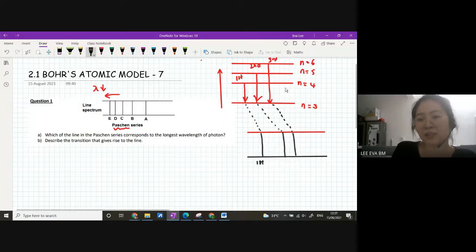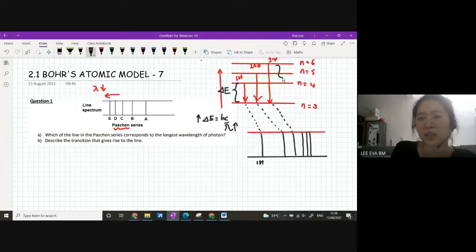If we have a fourth line, fifth line, sixth line, you will see over here it is getting closer and closer because the wavelength decreases with increasing delta E. So here Madam makes an example. This is your first delta E. If you apply the formula, the smaller the delta E, the longer the wavelength.